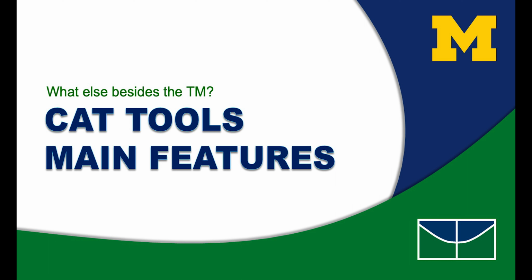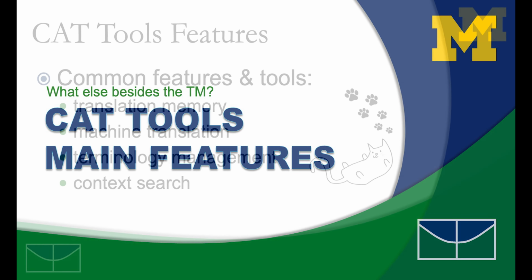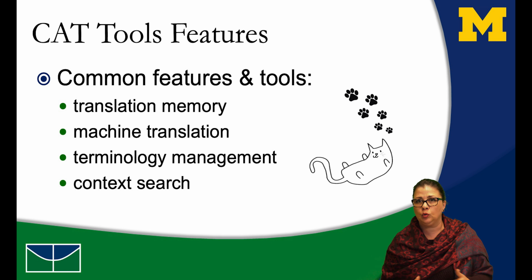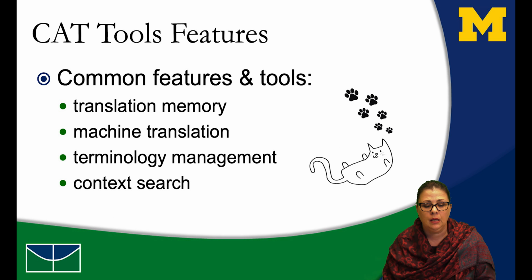talk a little bit about some of the main features that most CAT tools share. Of course, we all know by now that translation memory is one of the main features of all CAT tools. So you don't have a CAT tool without a translation memory.